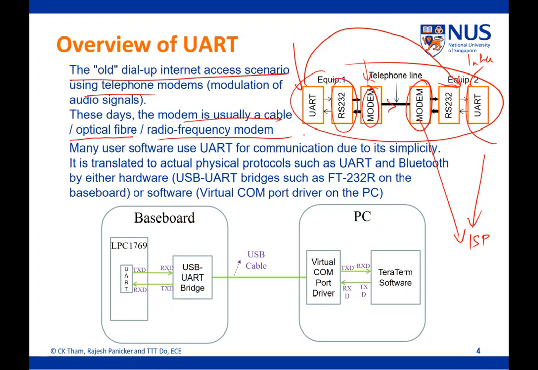So if you still have your StarHub cable-based connection, you will have a cable modem which still uses electrical signals, which use the digital signals to modulate an electrical signal, or optical fiber, which has digital signals transmitted as light pulses, and so on.